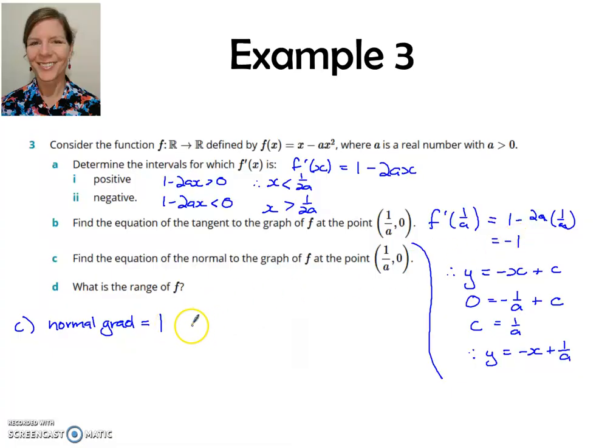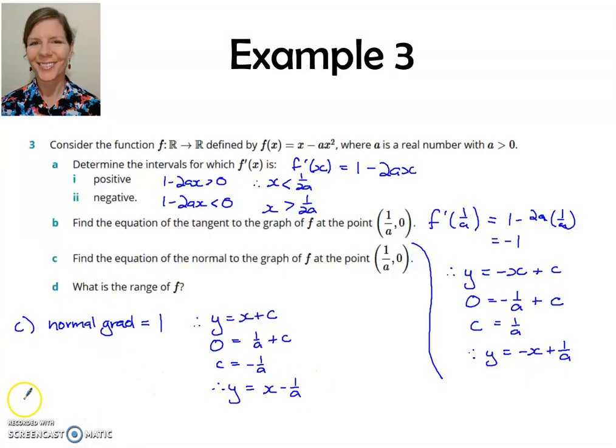So therefore we have y equals x plus c. Y is 0 when x is 1 on a, so c must be minus 1 on a. So y is x minus 1 on a. Those are your two equations. The equation of the tangent is minus x plus 1 on a, and the equation of the normal is x minus 1 on a.